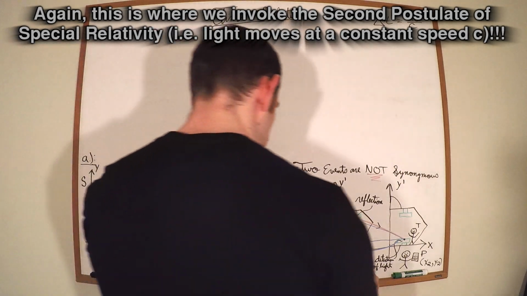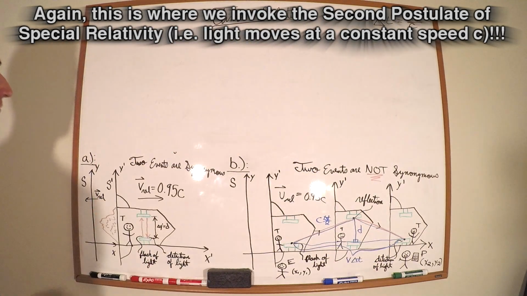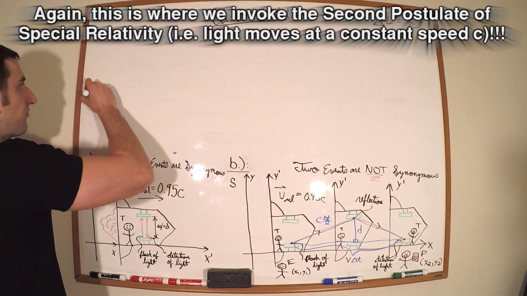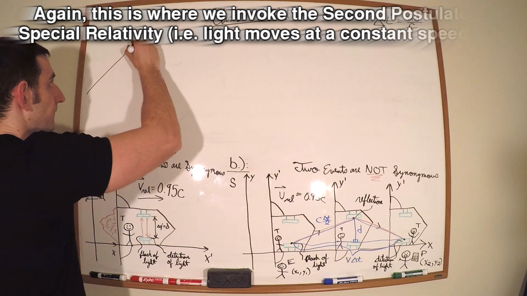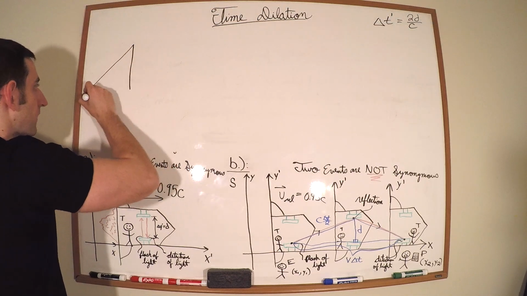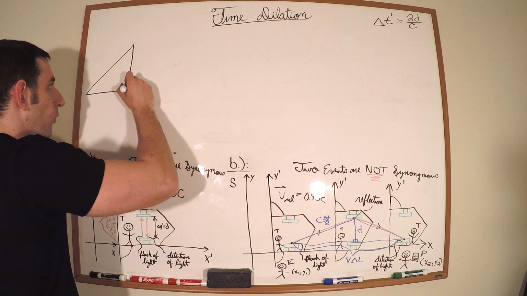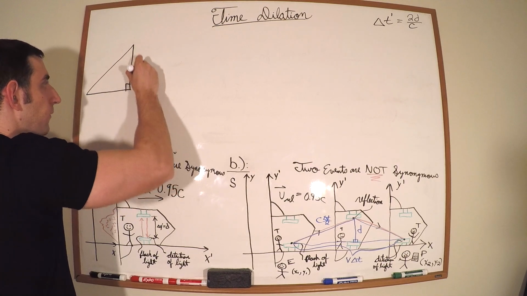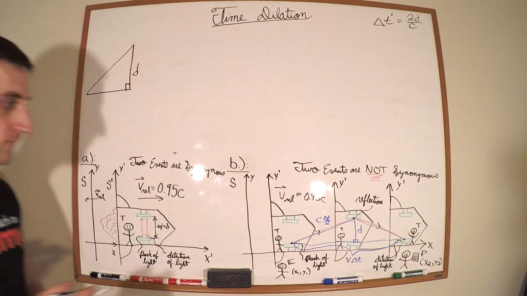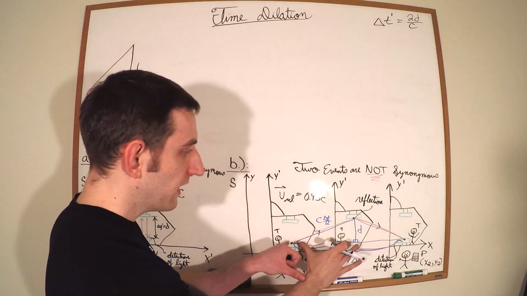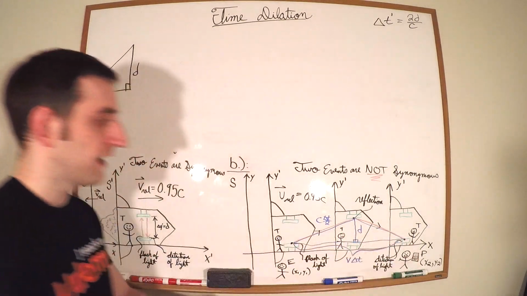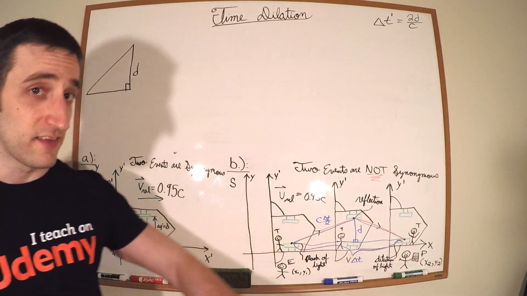Now, if we take this fact, this reality, and I extrapolate this triangle and draw a prettier picture, what we get is this right triangle. We have d there. Now, one leg of this triangle is not going to be v delta t.